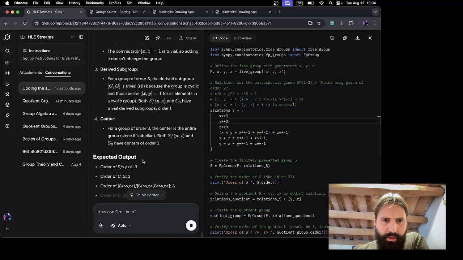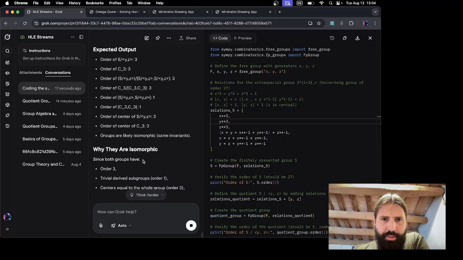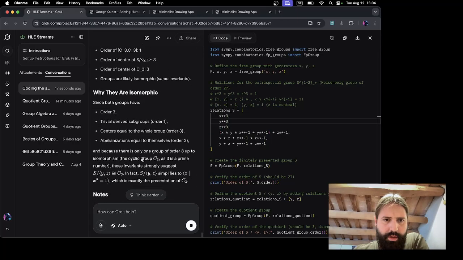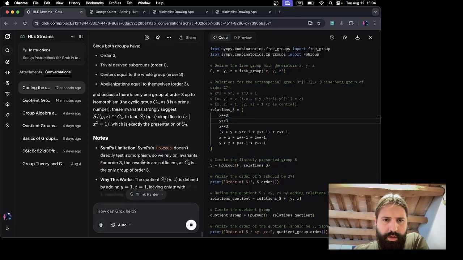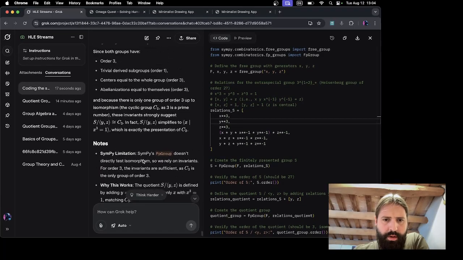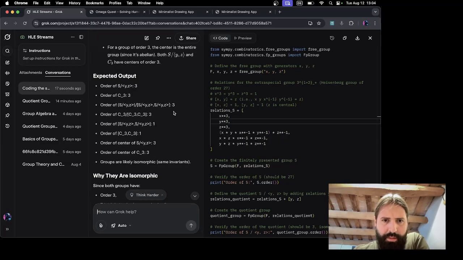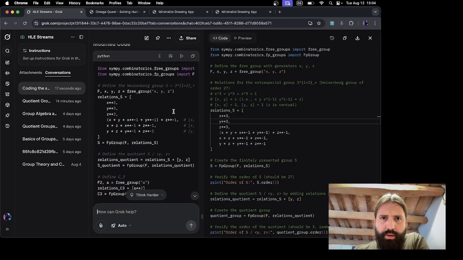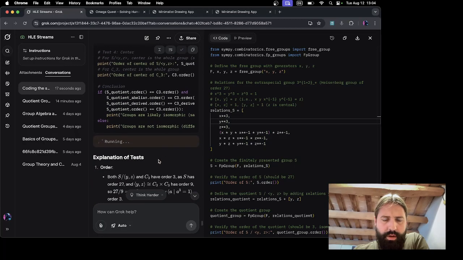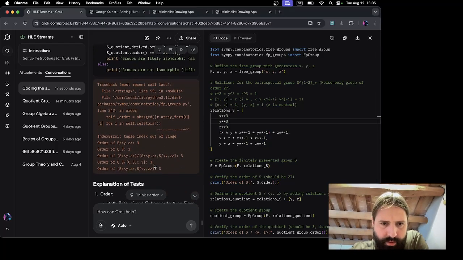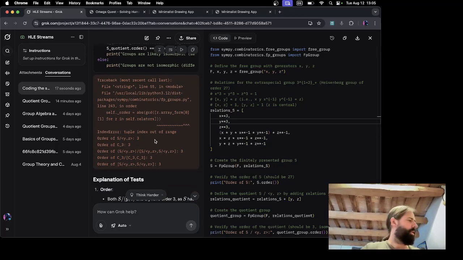Okay, I can come back to this. Expected output. Okay. Same invariants. Can I just run this code? Tuple out of index.